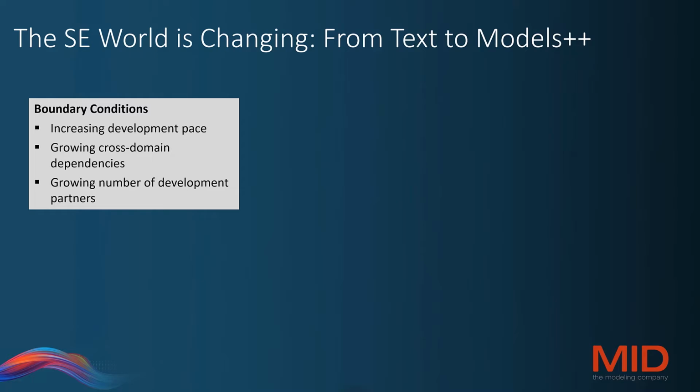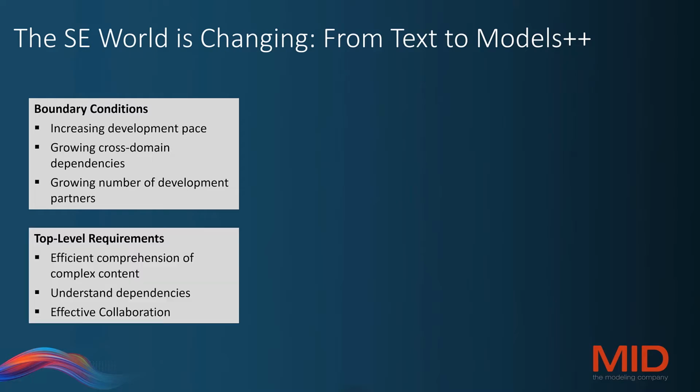So we need efficient ways for comprehension of this complex content. We need to better understand the cross-domain dependencies, and we need a more effective collaboration. The digital data package will be an important step towards a solution of our challenges.